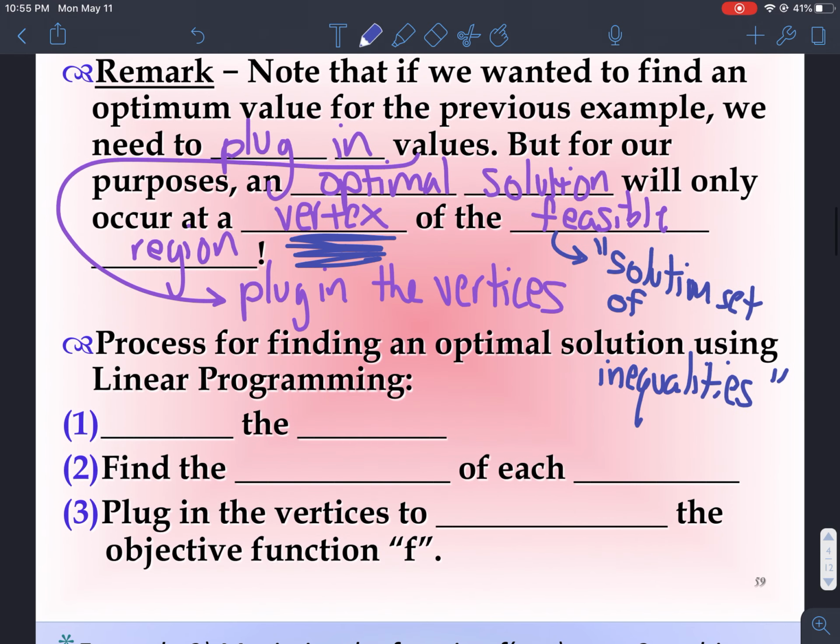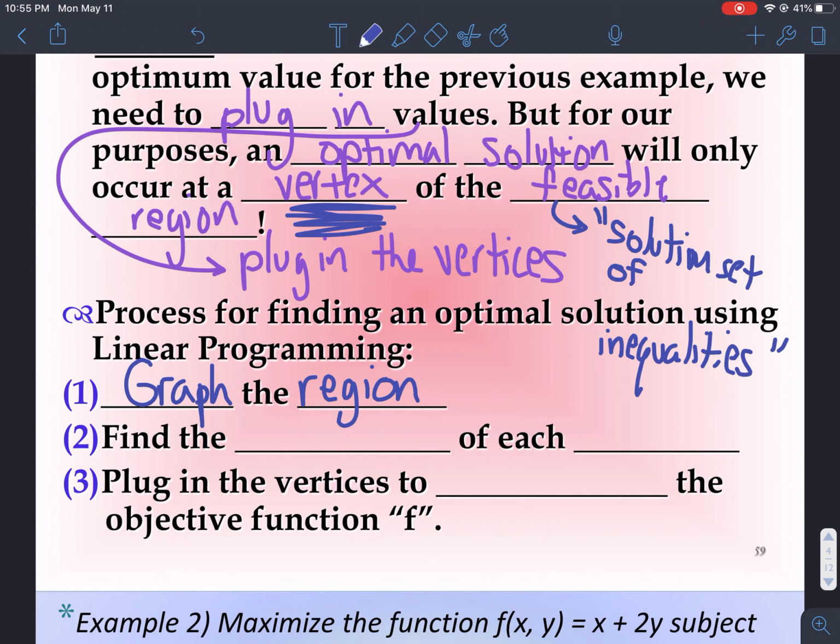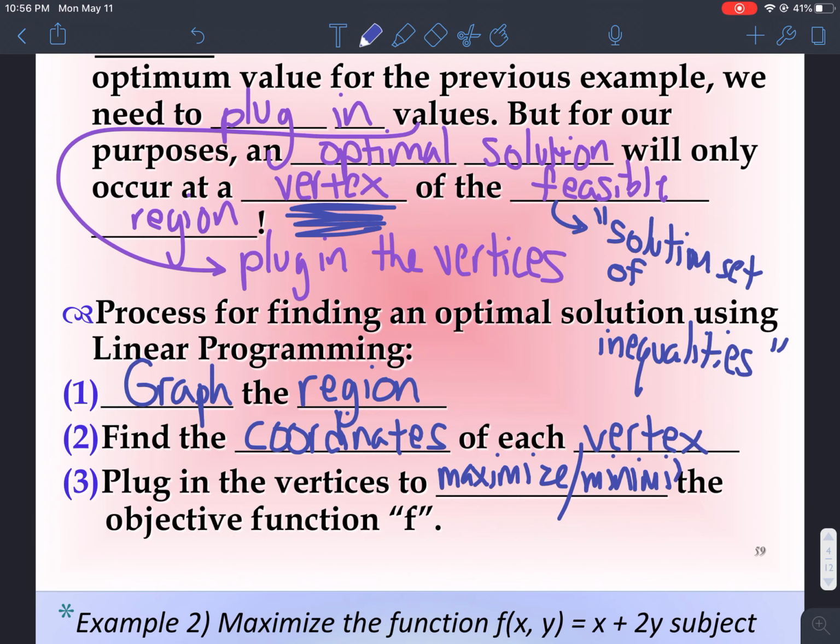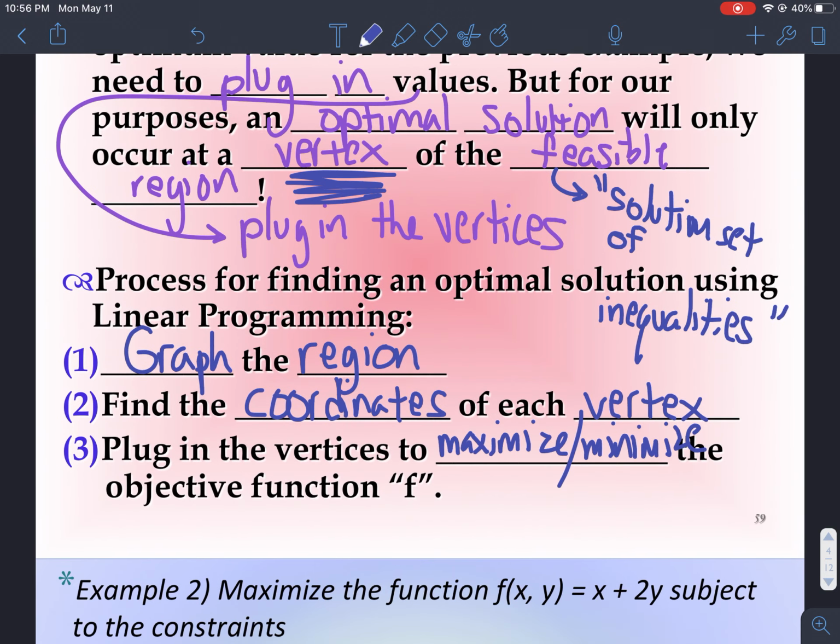So here's a process for finding the optimal solution using linear programming. First, graph the region. Remember, these are all going to be linear functions, so they should all be straight lines. Find the coordinates of each vertex. Plug in the vertices to maximize or minimize, we can do both, the objective function f.